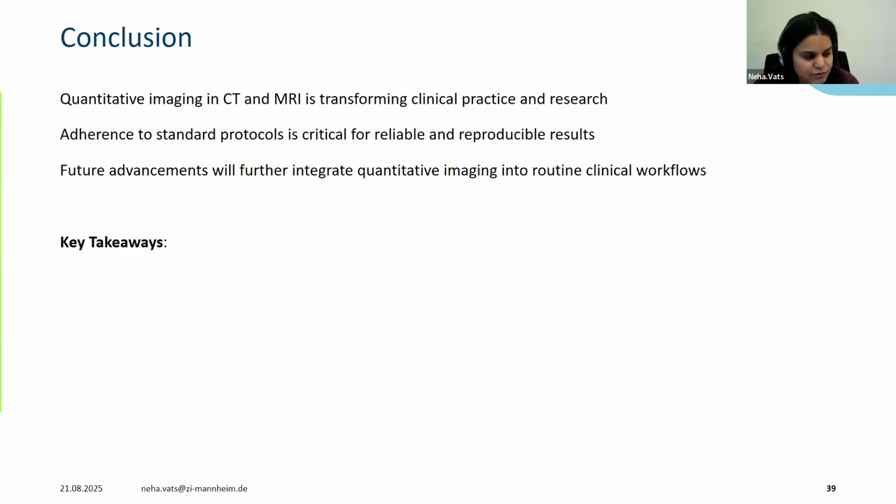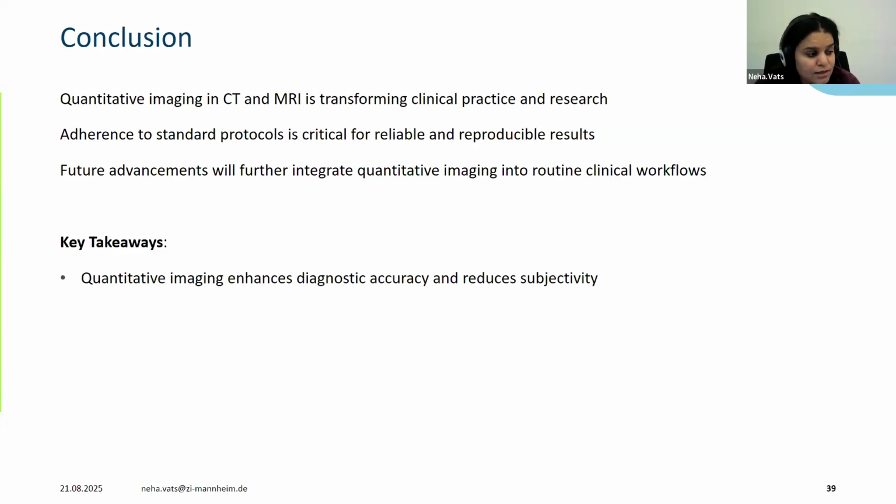So what are the key takeaways? These are the points that you can keep in mind, whatever basic introduction I gave in this talk. Quantitative imaging enhances diagnostic accuracy and reduces subjectivity.